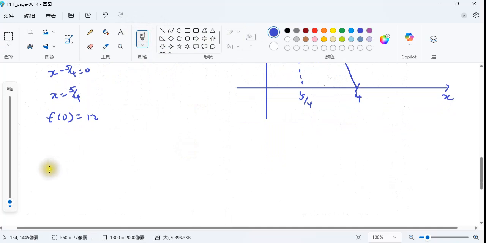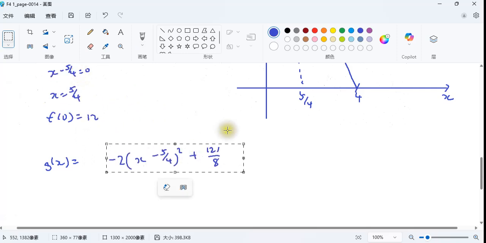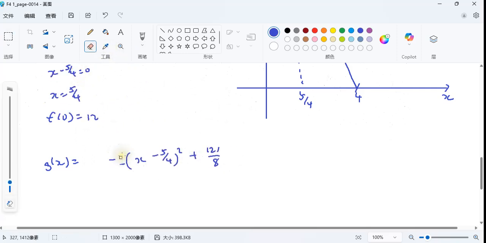So g(x) has a equal to negative 2 minus 1. That is, negative 3 times (x minus 5 over 4) squared plus 12 and 1 over 8. Okay.